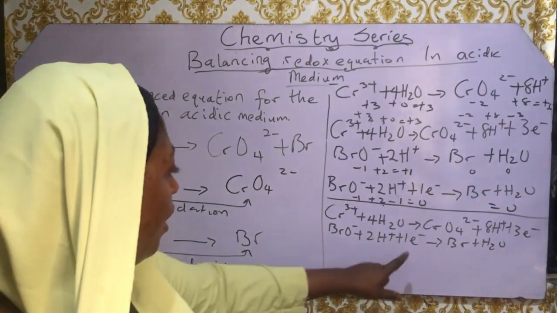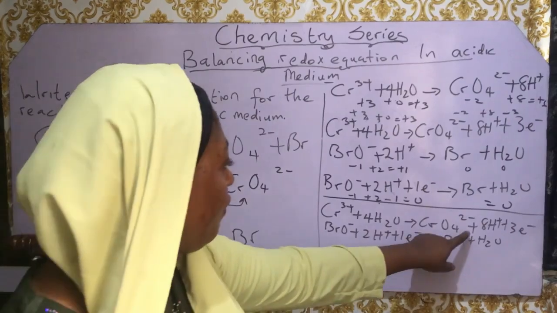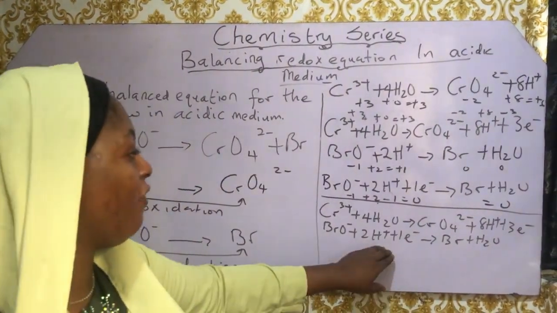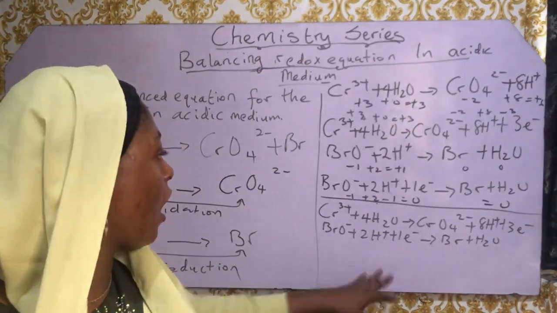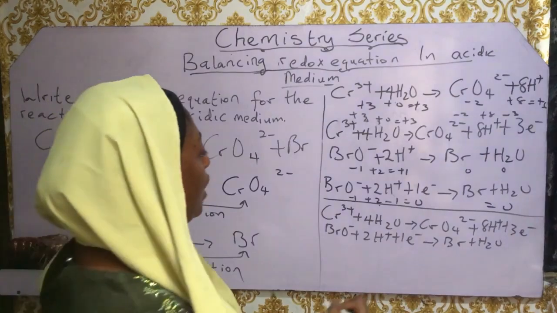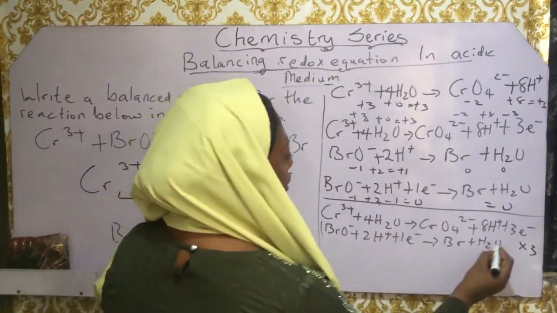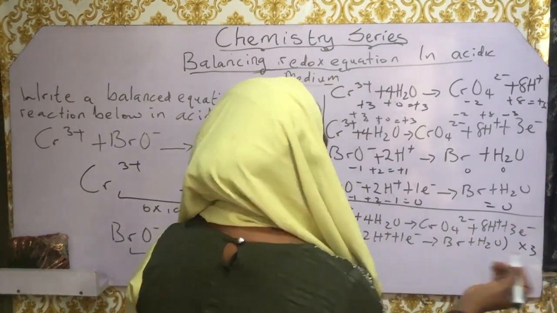Now, here I have 1 electron, here I have 3 electrons. So I have to make the number of electrons equal. And how do I do that? I'm going to multiply the whole equation here by 3, and here just by 1. So it's still the same.